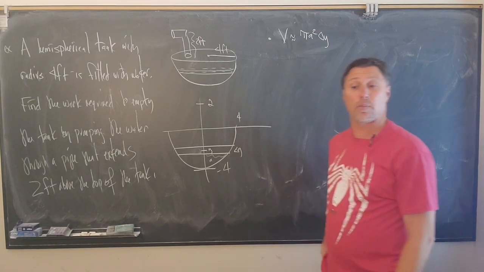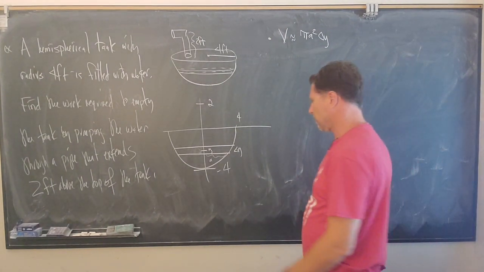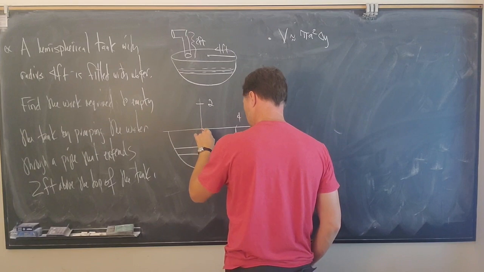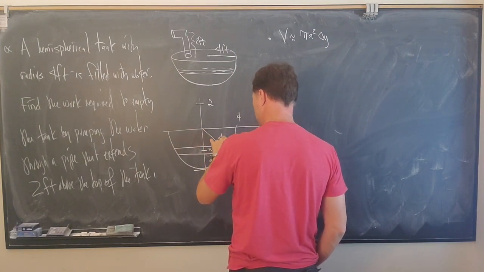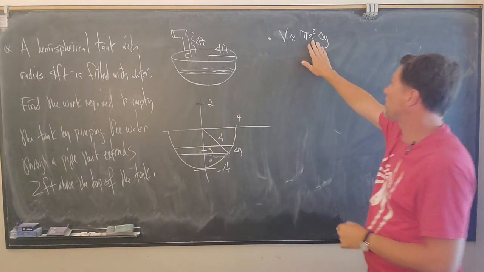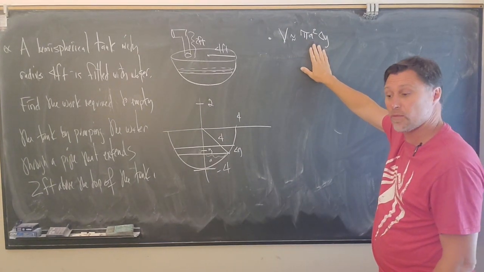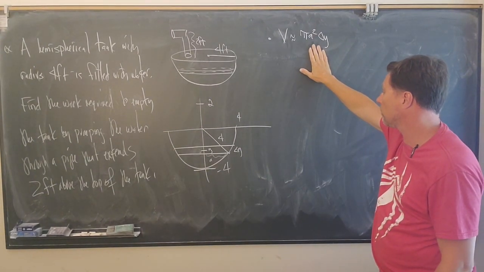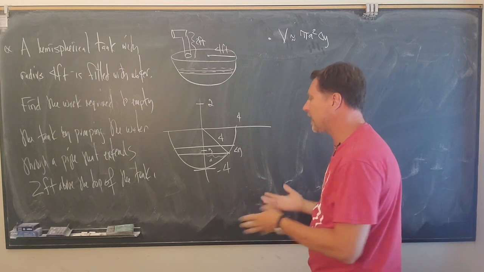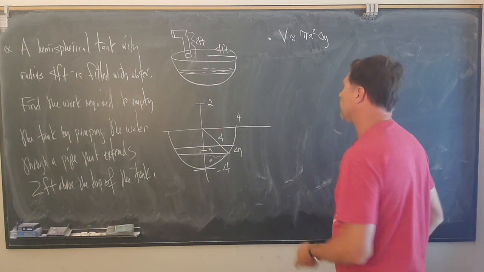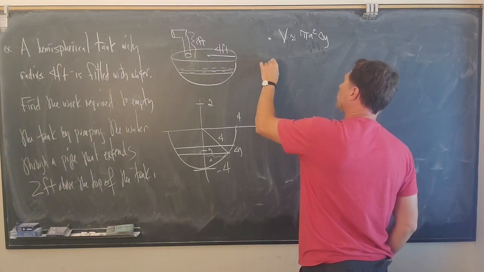Now, in the last problem, we did similar triangles. In this problem, I'm going to use the Pythagorean theorem, because I know that distance is 4. What I have right here is a mixture of variables. I need everything in terms of Y before I can move on. So I need some way to connect A and Y, and the connection is through the Pythagorean theorem.